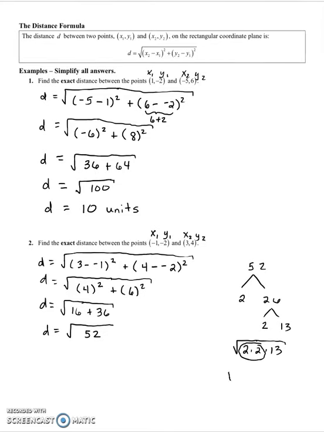Those 2 twos are really a square root of 4. And then we have times the square root of 13 using our square root properties. The square root of 4 is 2. And the square root of 13 doesn't simplify anymore. So we get our distance is 2 square root of 13 units.